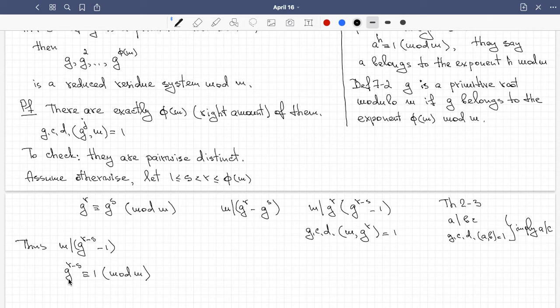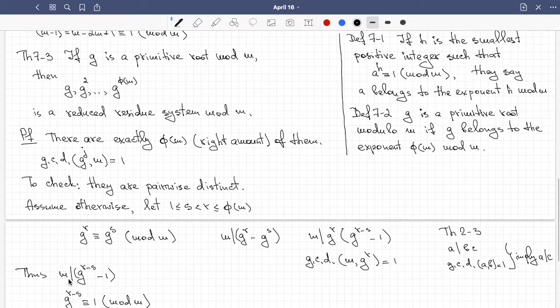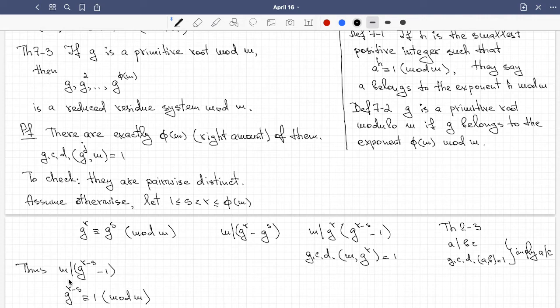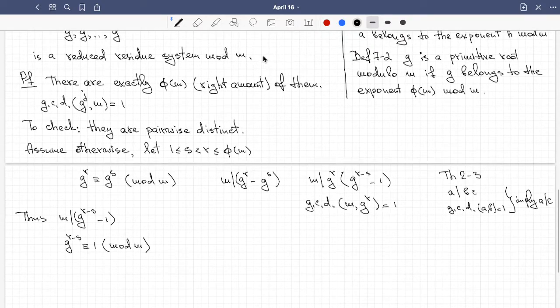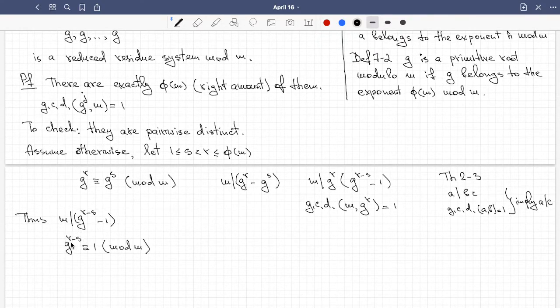However, we have our first assumption, the most important one: G is a primitive root modulo M. The integer r minus s is positive unless r is equal to s, but we exclude this case, we assumed otherwise.